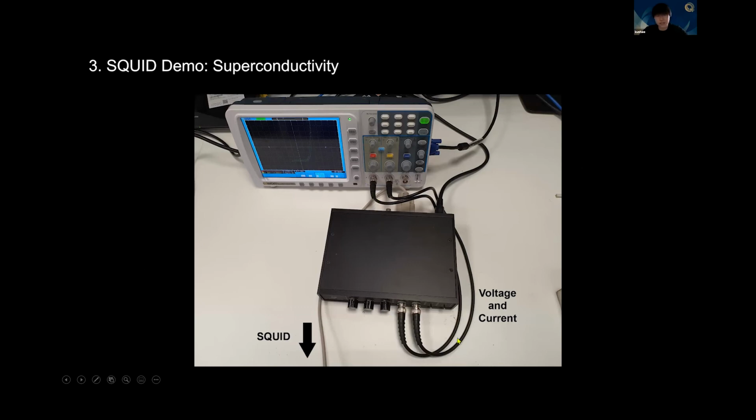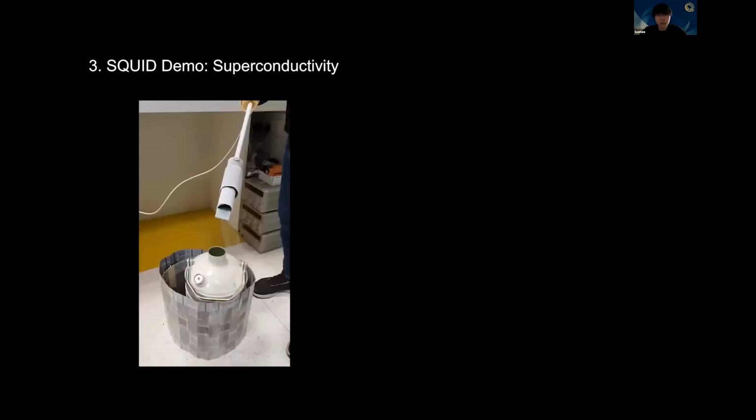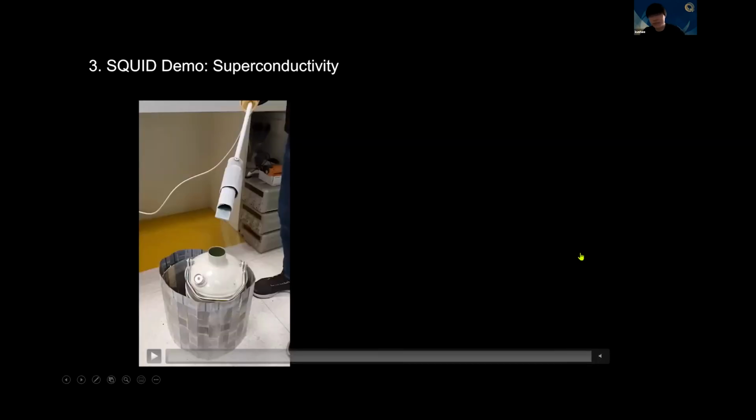It's getting the data feed of voltage and current from this box, which communicates with the SQUID to send and fetch the data. So what we're going to see is just a voltage versus current graph. This is the setup, and at the end of this rod is a SQUID.